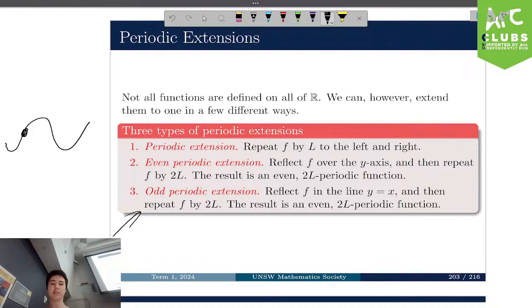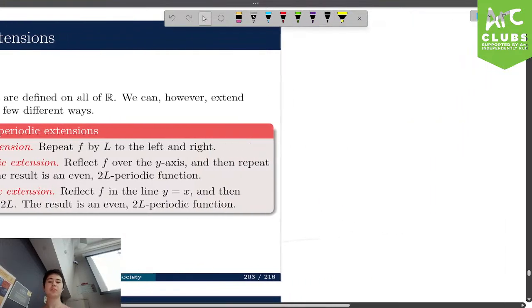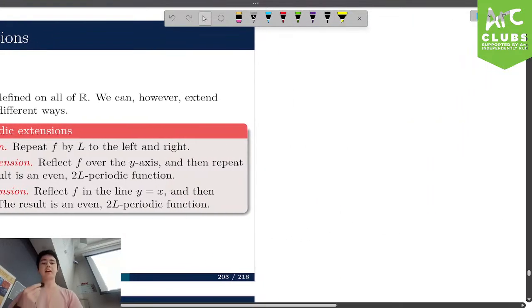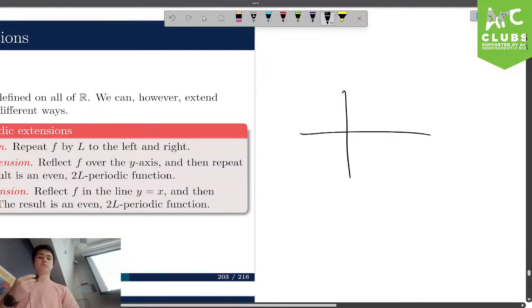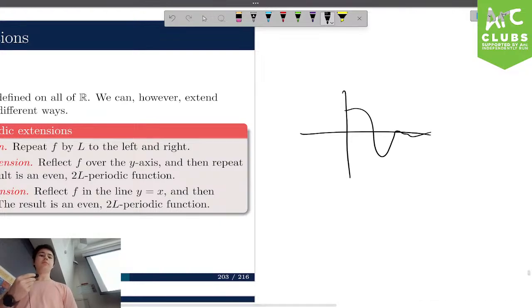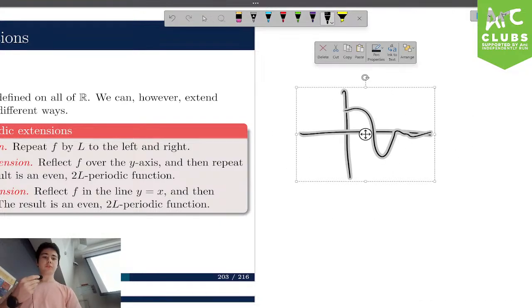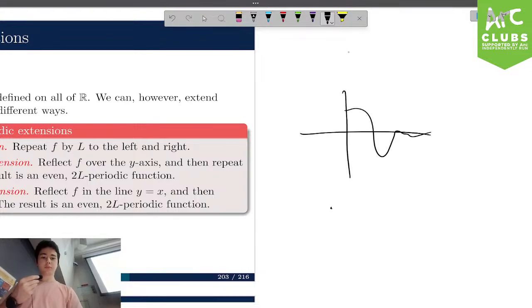We describe it in different ways, so it can be a little bit confusing. But it's really just saying, okay, I have half of my function. It can be whatever I want. And in fact, I'm going to copy paste this to show us 2 examples.